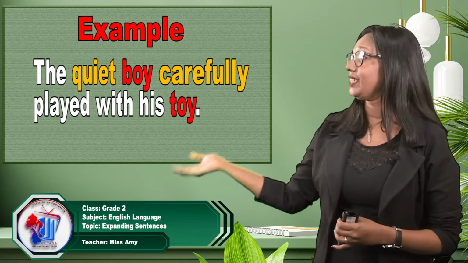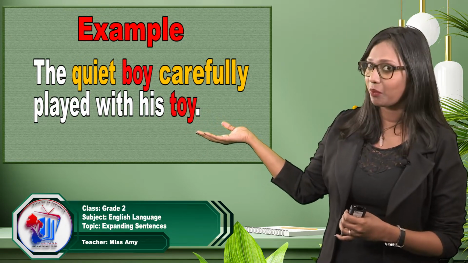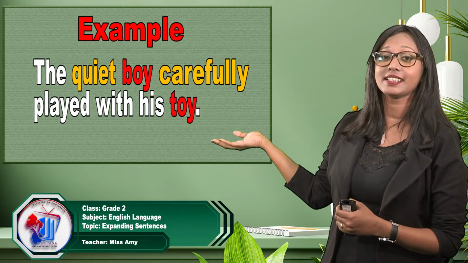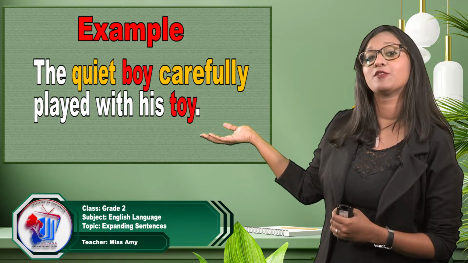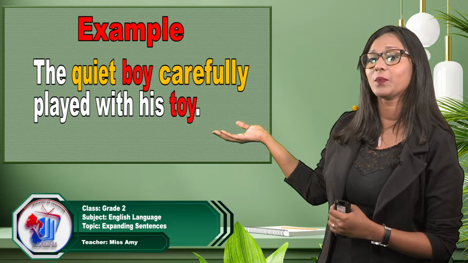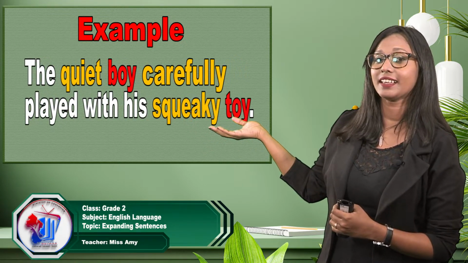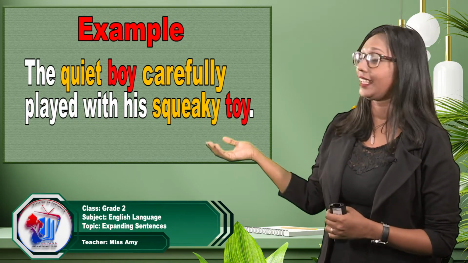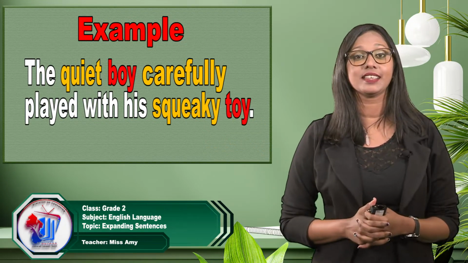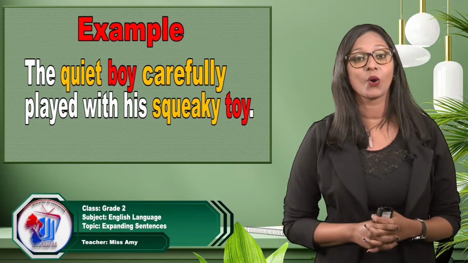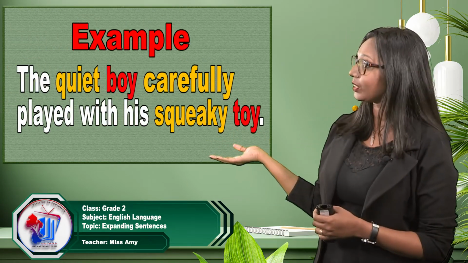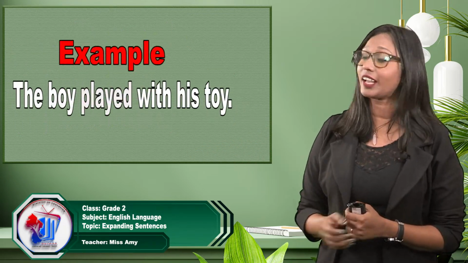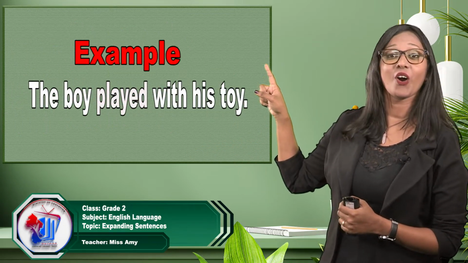Now, we can say the quiet boy carefully played with his. Let's use an adjective to describe this toy now. We can say squeaky toy. The quiet boy carefully played with his squeaky toy. Now take a look at this sentence, and now take a look at the sentence that we started off with.